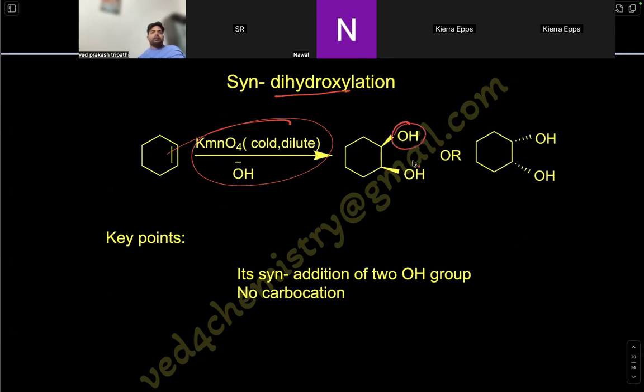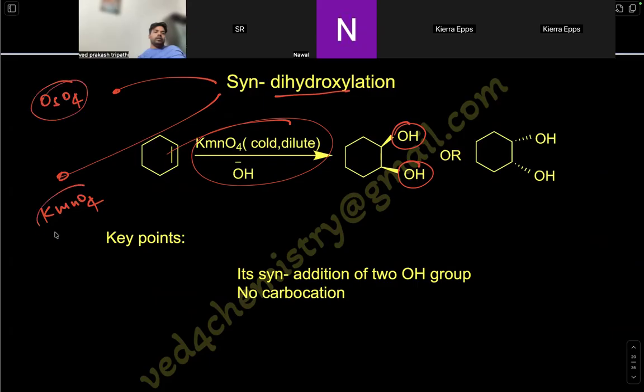Again the same thing. So we have covered two reagents for syn dihydroxylation: one is KMnO4 and the second one is OsO4. Both mean syn dihydroxylation. Clear? Please tell me, it makes sense?